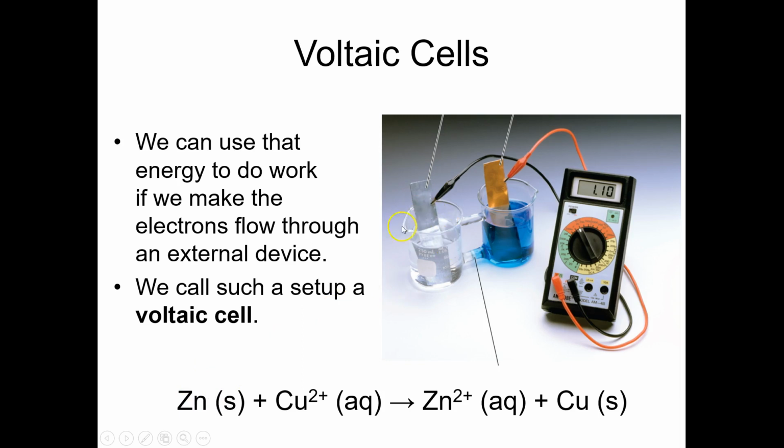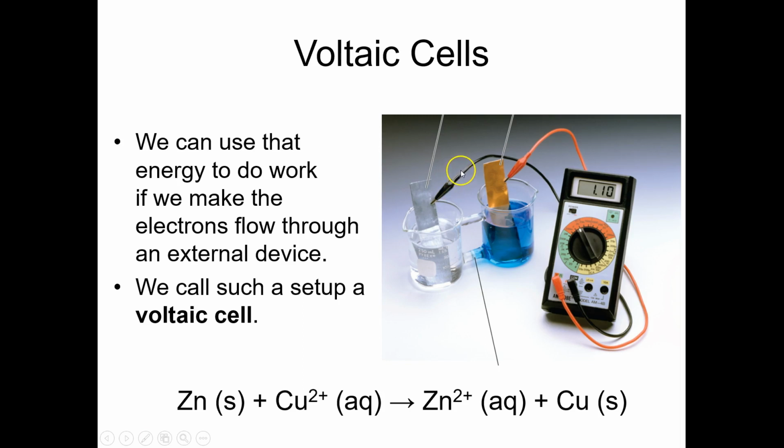And so over in this beaker, zinc metal starts to slowly dissolve away from the electrode and becomes zinc ions in solution. Over in this beaker, copper ions in solution begin to plate out onto the copper metal. And electrons are flowing through the external wire because it's the zinc that is being oxidized.